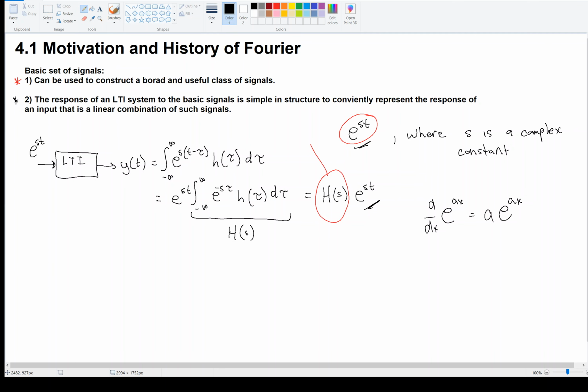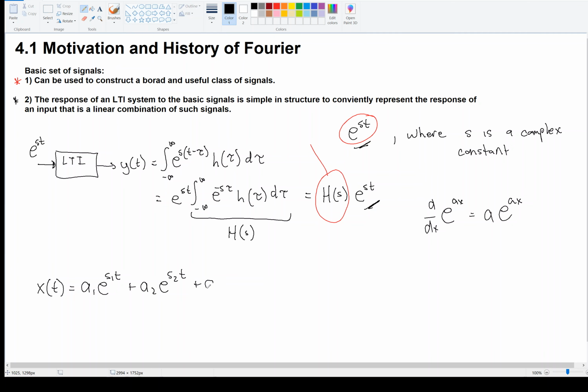So we start to ask the question, well, what types of signals can I get by adding a bunch of complex exponentials?